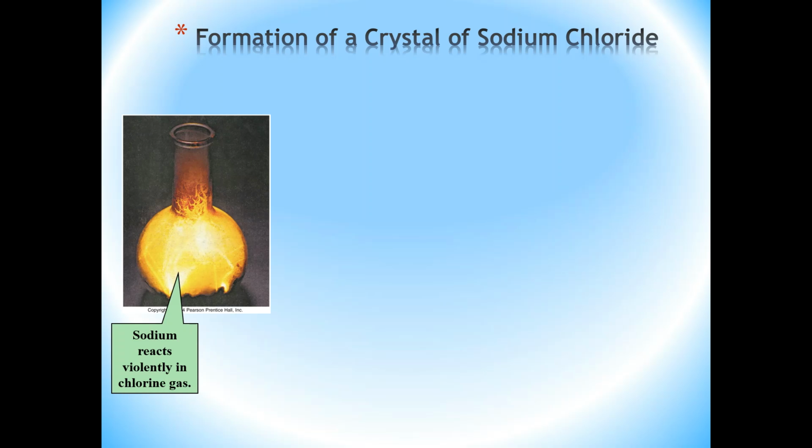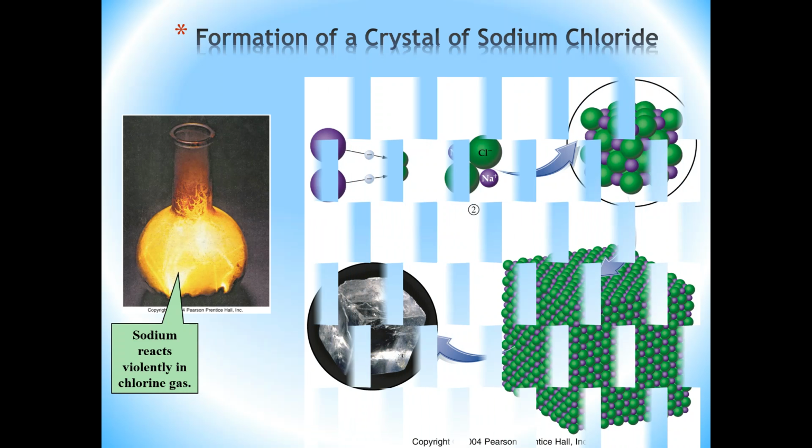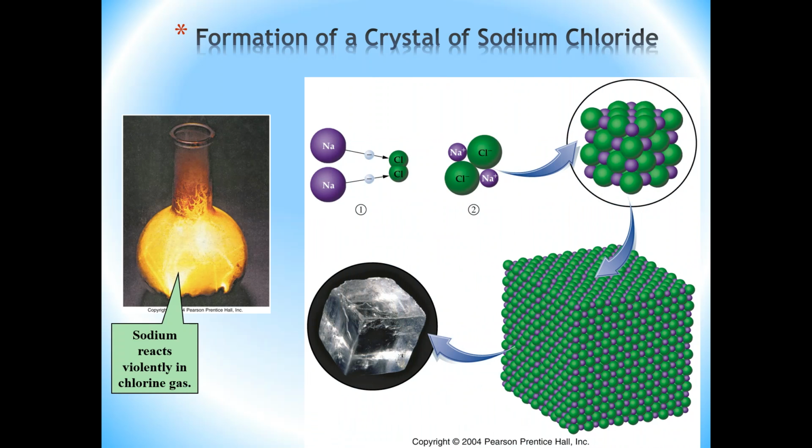This reaction will take some time to cool down. When everything cools down and you look inside, you're going to see crystals of sodium chloride formed. That happens because the metal, sodium, will be giving up its electrons to the chlorine atoms of the chlorine molecule, as you can see in this diagram here. Let me go back to my pointer function here.